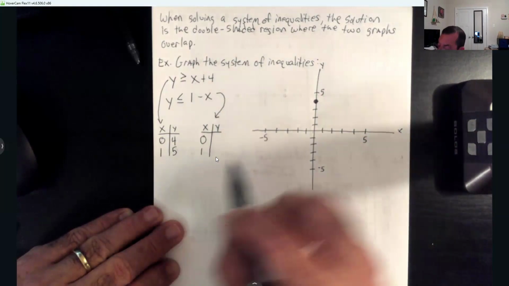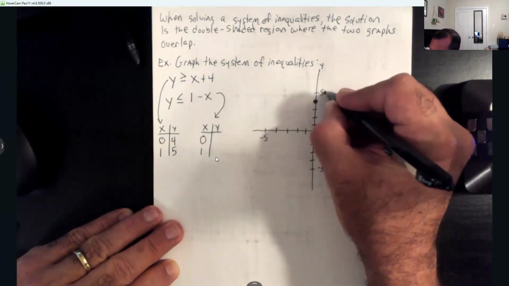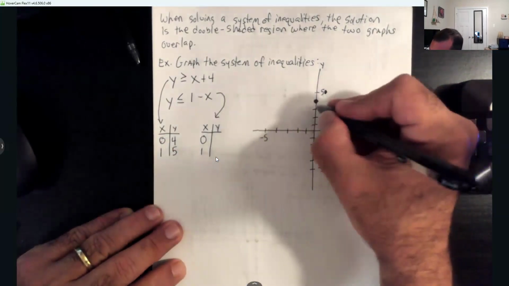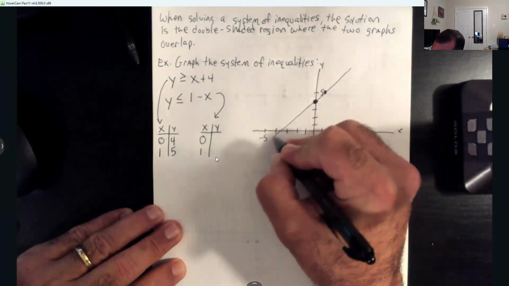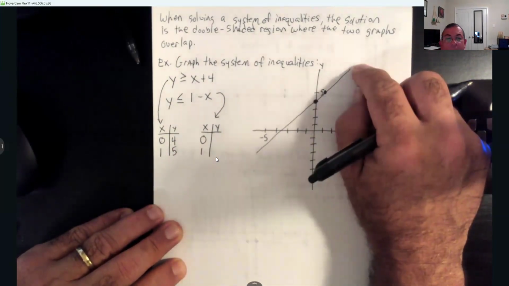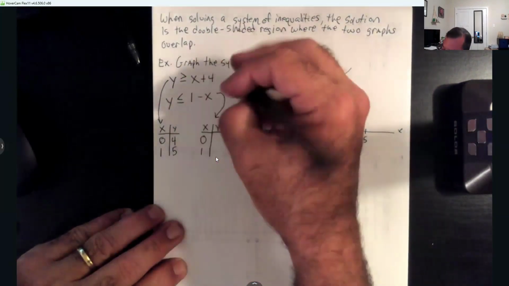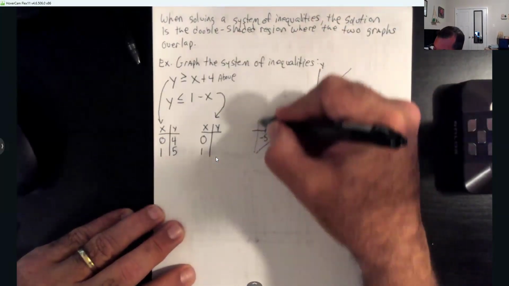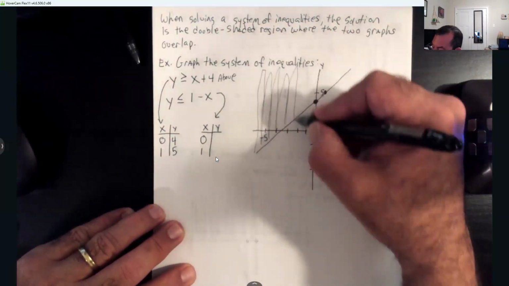Then I had 1, 5, so right 1, up 5. There's equals under it, so they're going to be solid lines, both of them. So that was cruising through there like that. It's greater than, so this one shades above. So shading above, I would come in and just shade this whole thing above it, okay?